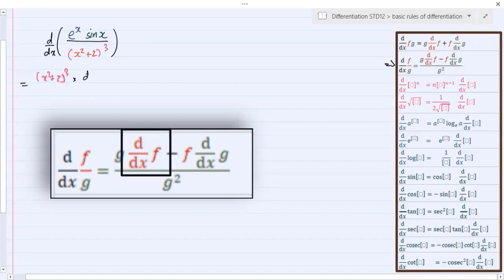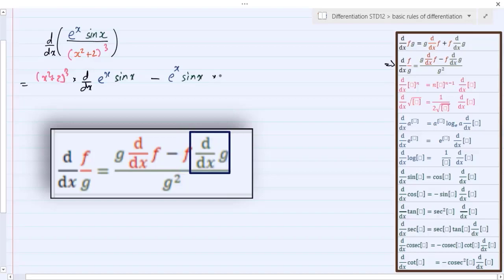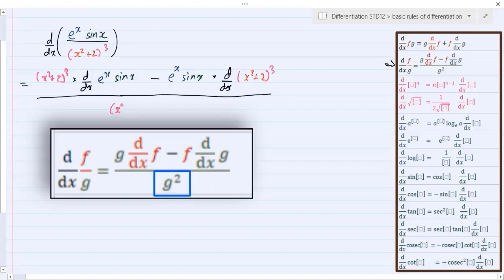We have to differentiate your numerator, which is e raised to x sin x, minus your numerator, e raised to x sin x, will be as it is. We have to differentiate your denominator, (x² plus 2) the whole cube, upon the square of your denominator.